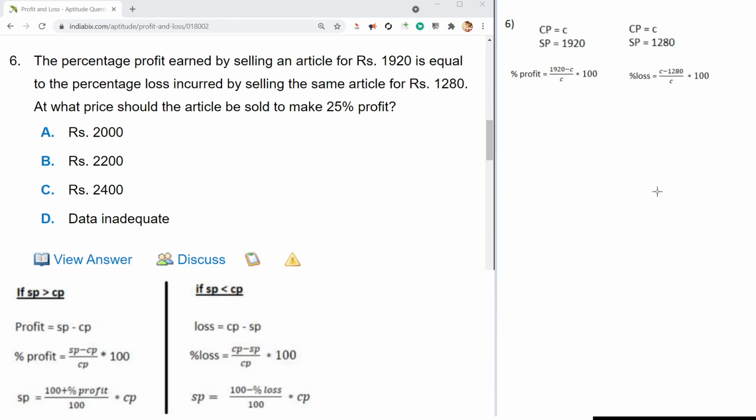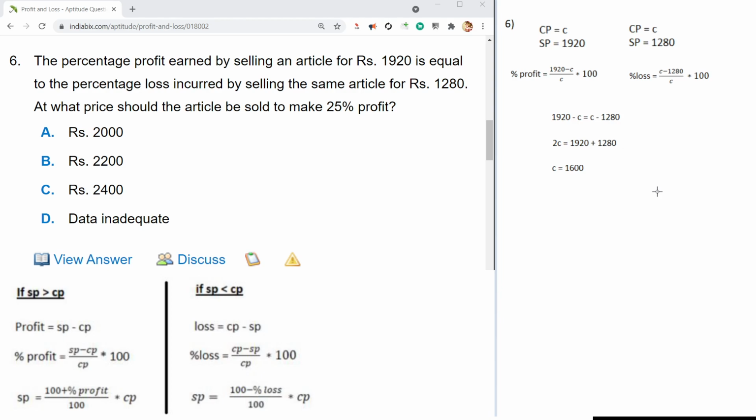First case profit percentage equals second case loss percentage. If you equate these two, we get 1920 minus C equals C minus 1280. If you simplify that, 2C equals 1920 plus 1280. C equals 1600.